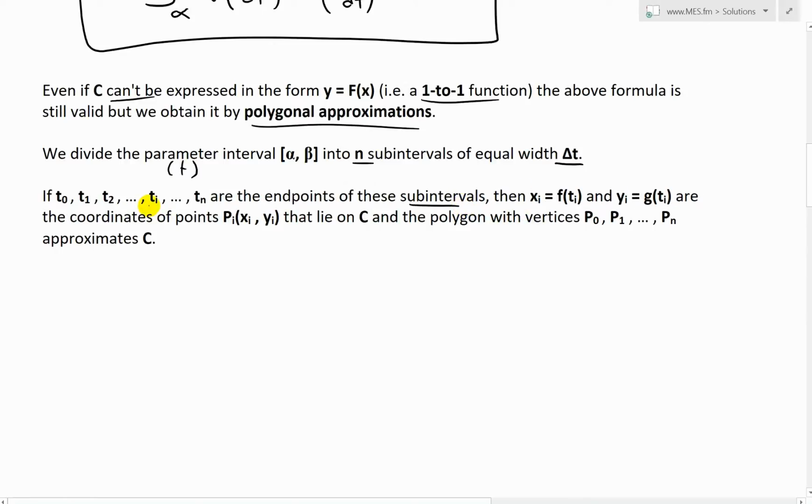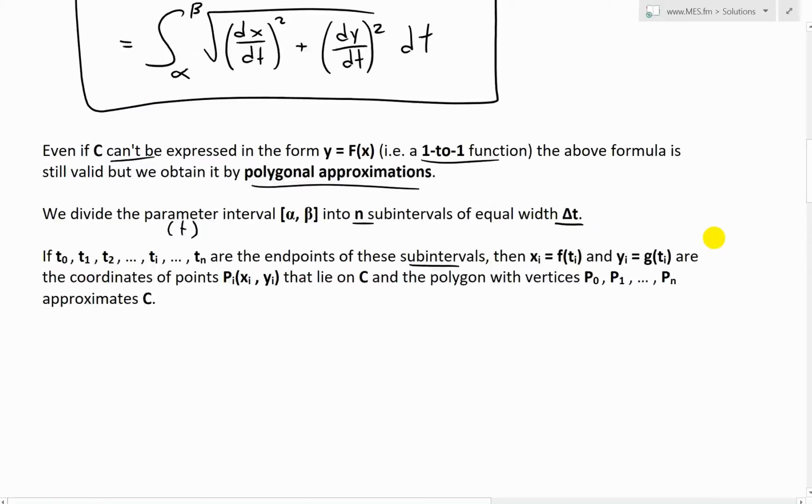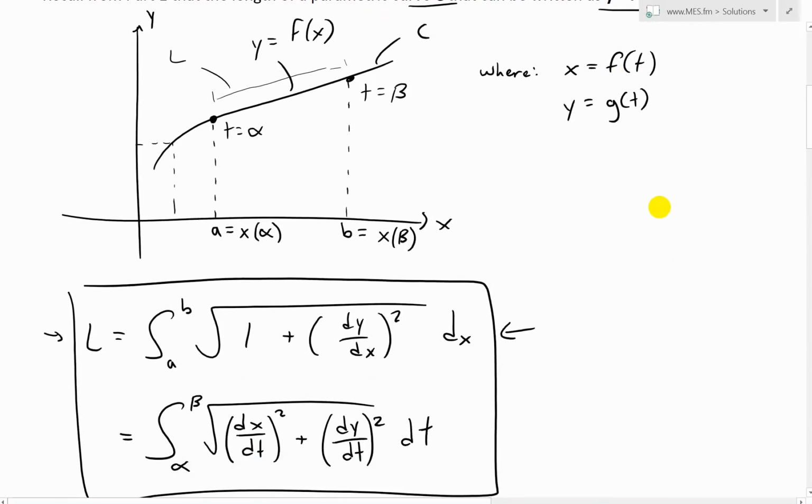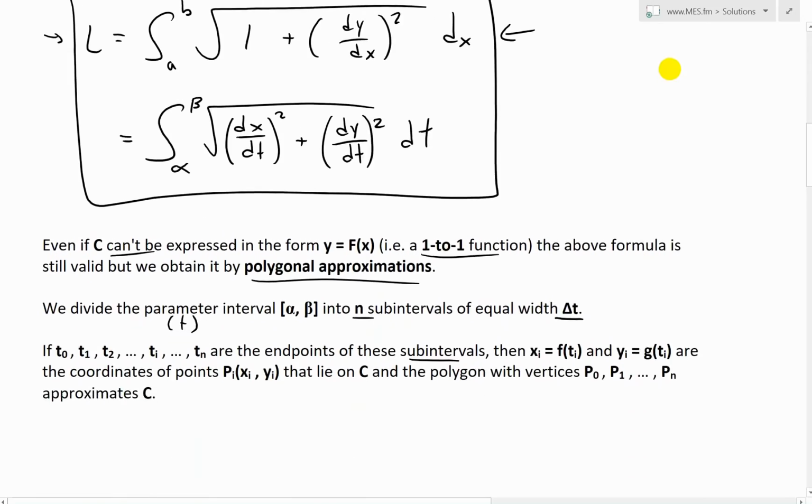If the ith endpoint is just some random one in between, so in general ti, then xi equals f of ti, because remember, x is a function of t, which we'll call f of t, and y is a function of t, which we'll call g of t.